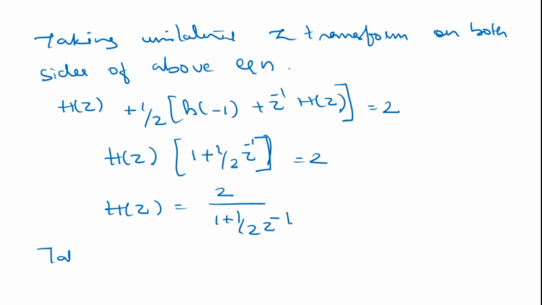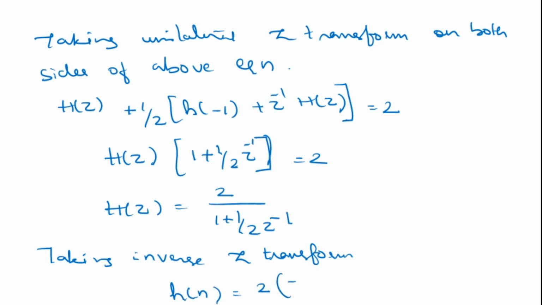Now, taking inverse Z transform, we get h of n is equal to 2 into minus half to the power n into u of n.